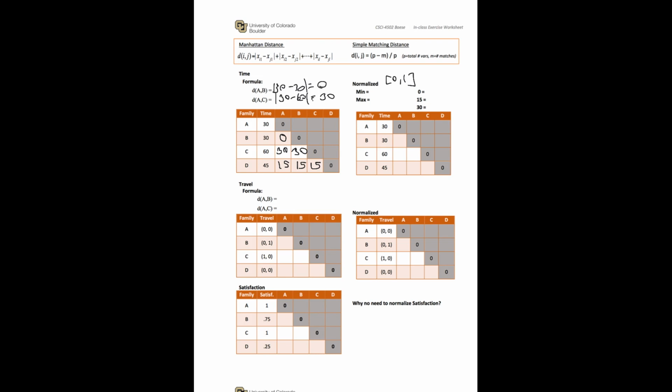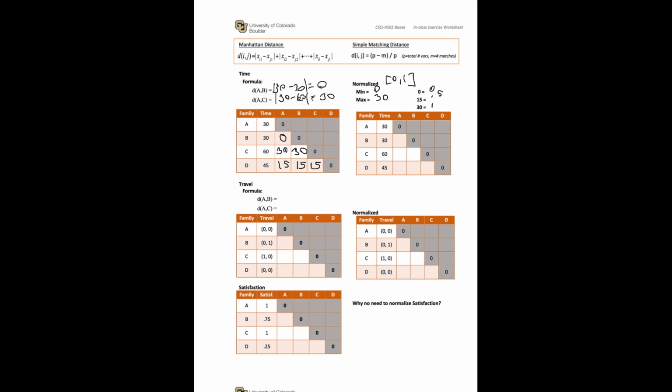Well, we have a 0, and then our max value is a 30 in the distance table for time. And so what we can then do is to normalize it, we can say that the 0 is still 0, because we're going to go 0 through 1. 30 is our max, so that we'll put at 1. And 15 is halfway between those, so if we have a 15, it's going to be a 0.5.